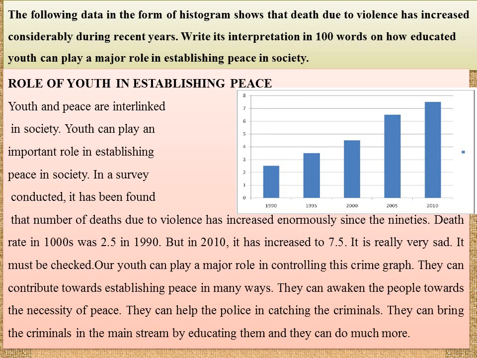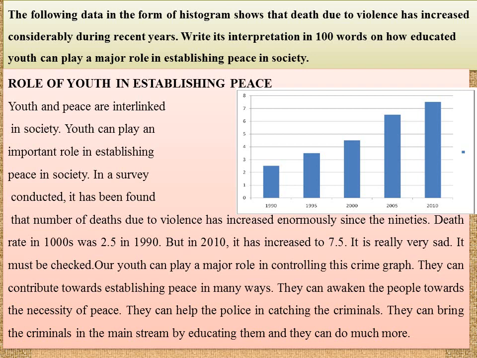Now we have here another histogram, which represents a time frame from 1990 to 2010, and it shows the role of youth in establishing peace. So you can divide and explain this according to the years, and then you can also tell the trend that is coming in.